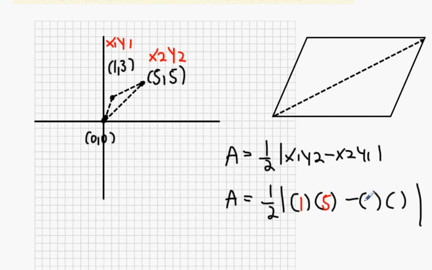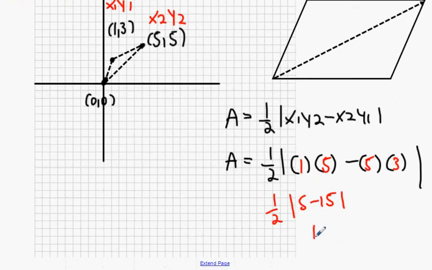And then 5 multiplied by 3. It's going to be a half of 5 minus 15. What's 5 minus 15? Minus 10. What's the modulus of minus 10? Just 10. And the answer is 5.